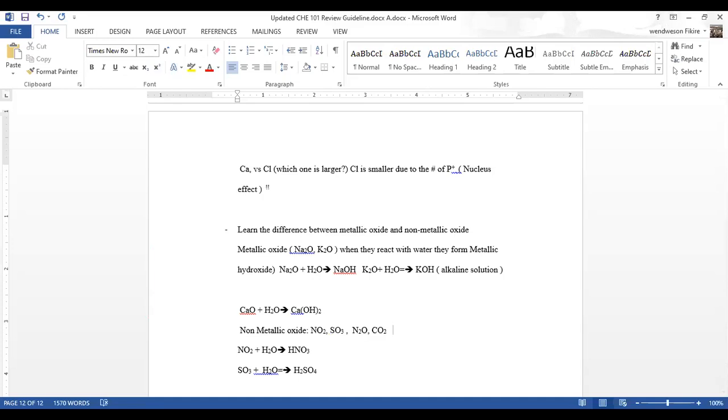That's how a metallic oxide differs from a non-metallic oxide.